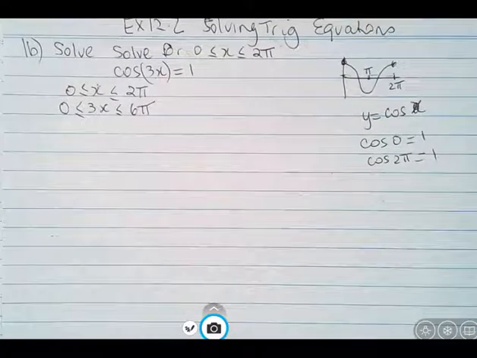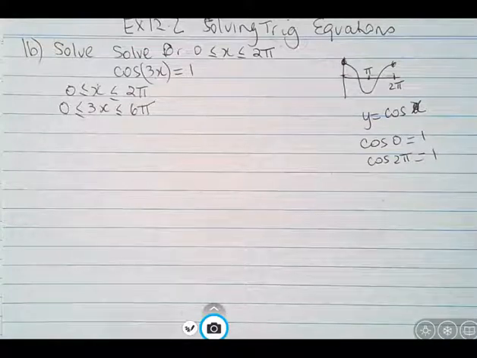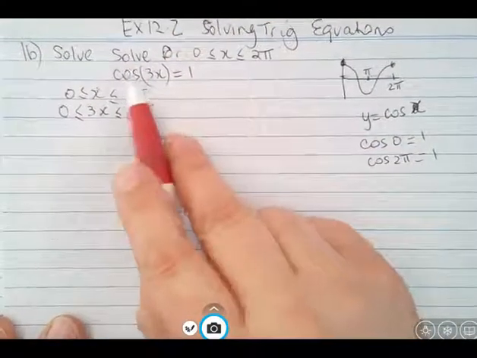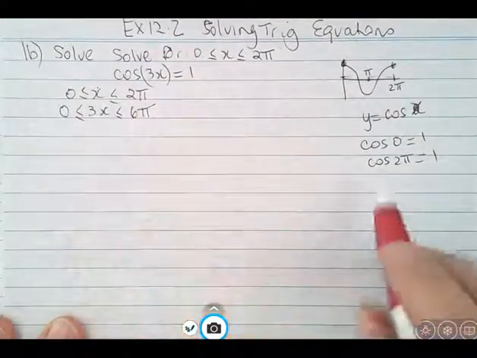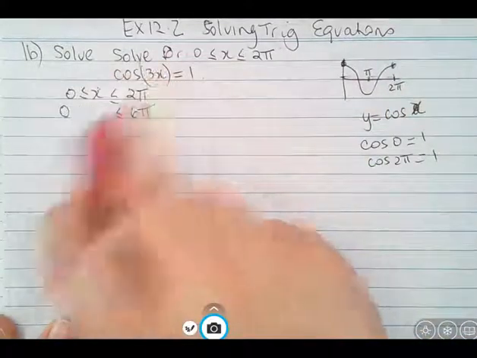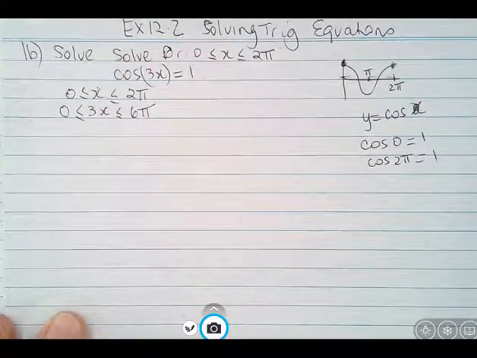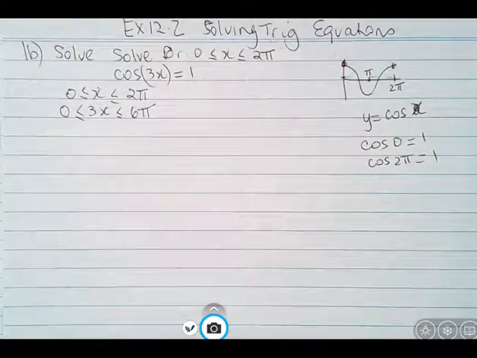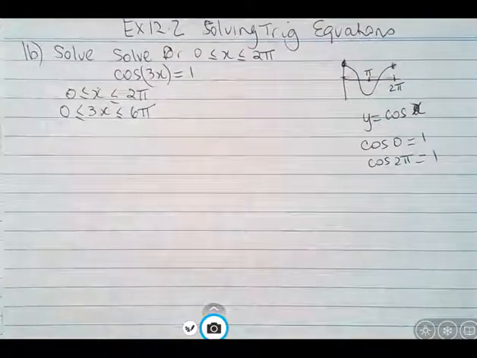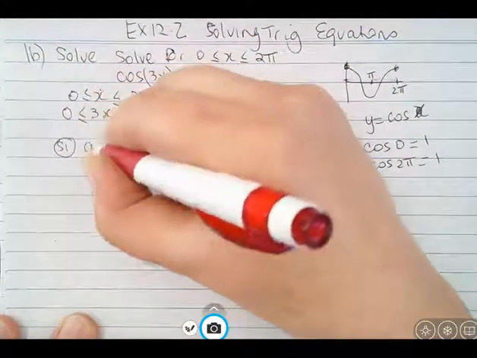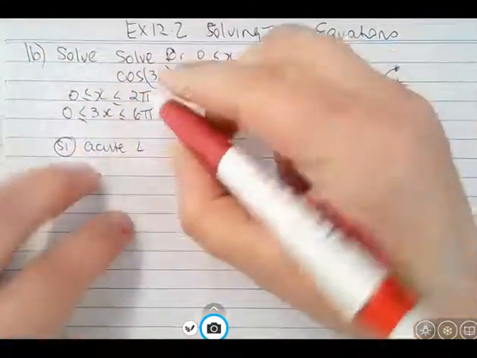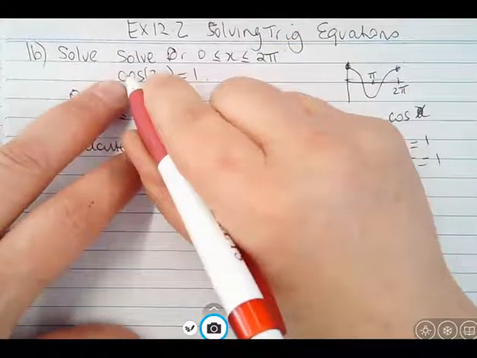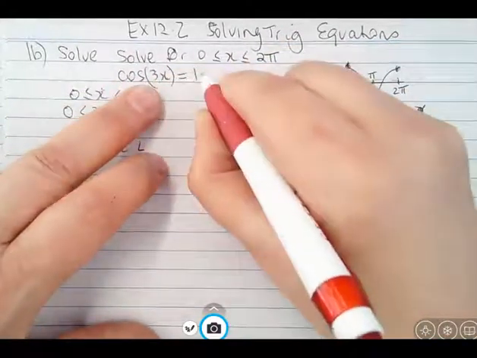Okay? Now, if we're going to follow the steps of what we did before, cos of what is 1? What's my acute angle? Remember, first step, acute angle and then quadrants, all right? But this is tricky because it's on the border. Step 1, the method, acute angle theta, but it's acute angle 3x because I'm doing cos of what is 1.